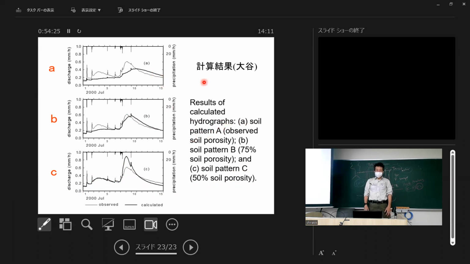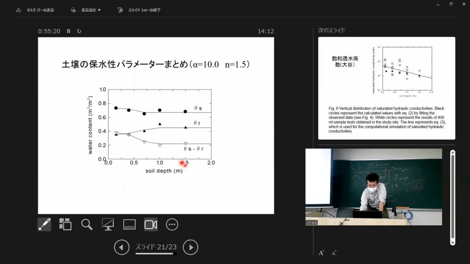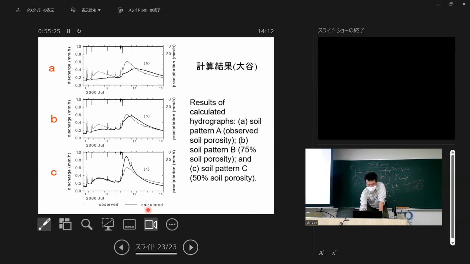Porosity means theta S minus theta R. In A, the observed data is simulated with the three-dimensional numerical simulation, but it is not good.